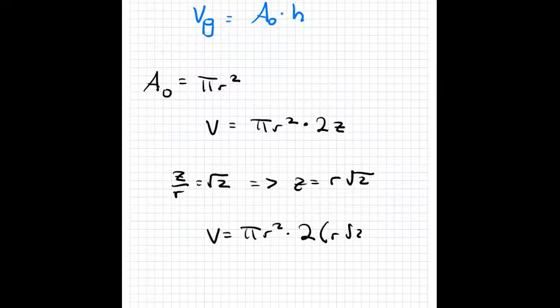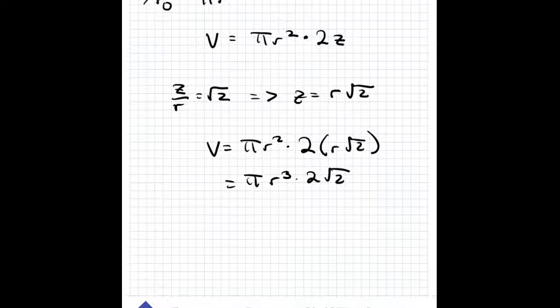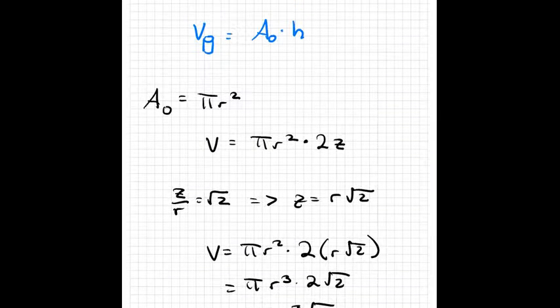By the associative property of multiplication, this is pi times r cubed times 2 root 2. I'm just going to write it a little bit differently: 2 pi r cubed times the square root of 2. I just reorganized it, and this is the volume in terms of r.